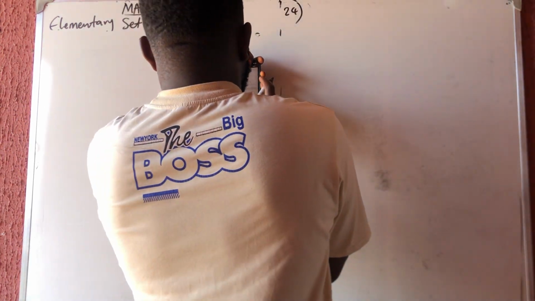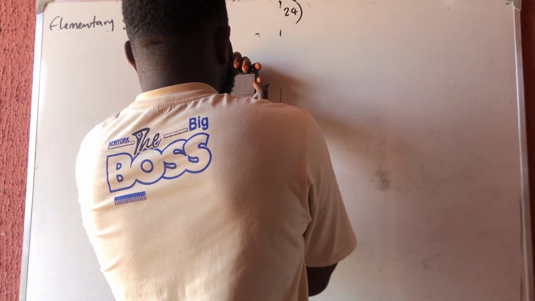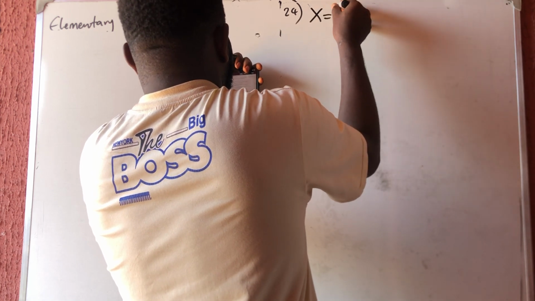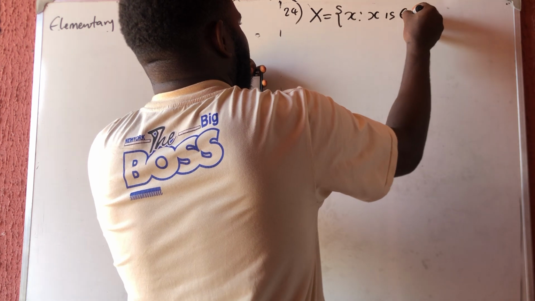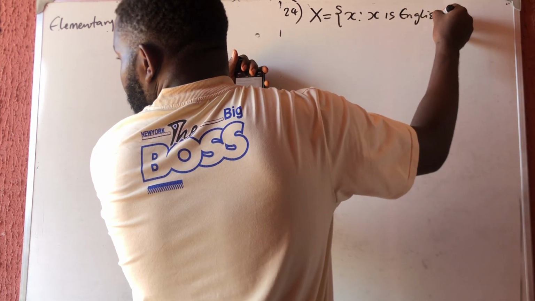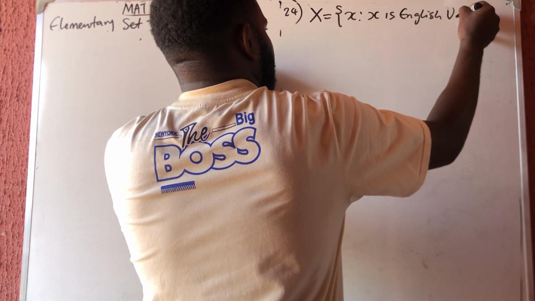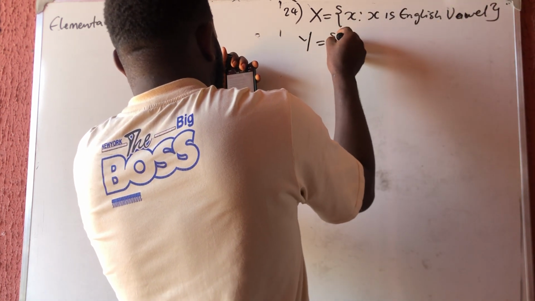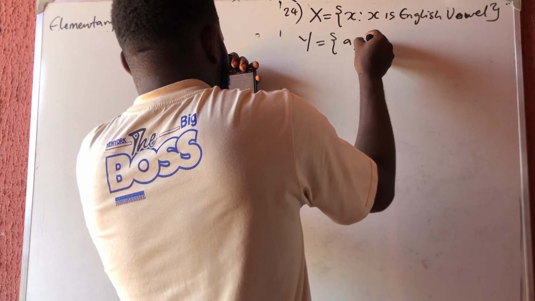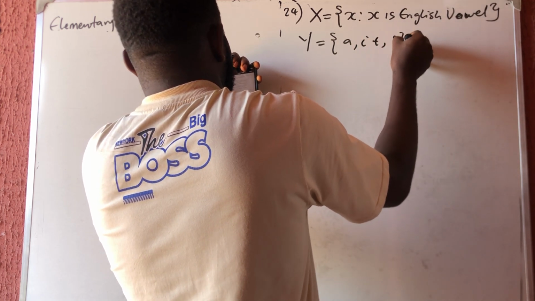All right. Question number 24 said that x is equal to the set of x such that x is an English vowel. All right, and y is equal to the set of a, i, t, and s.